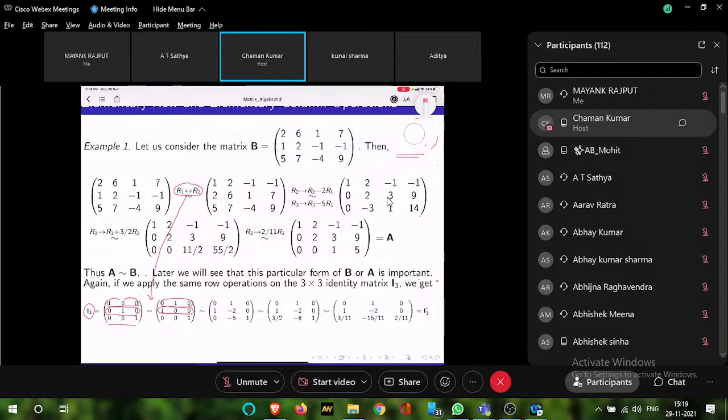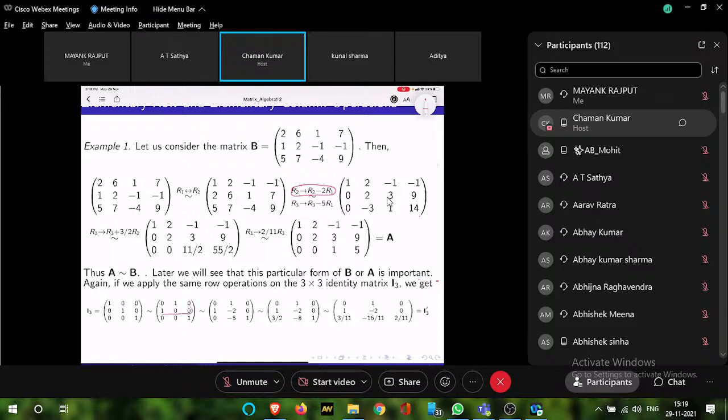Okay, now apply the second operation that you have performed on B on this new matrix. The second operation you have performed on B is R2 minus 2R1. So this is your new matrix.